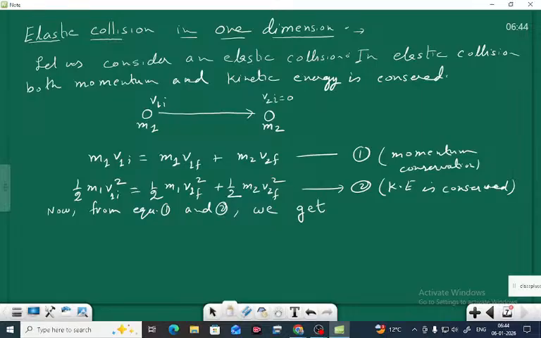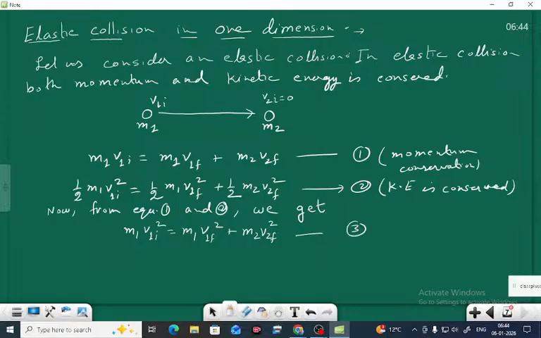Therefore, we are getting m1 v1 initial square is equal to m1 v1 final square plus m2 v2 final square, right? So this is equation 3.